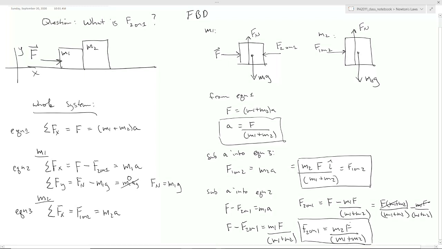F2 on 1, however, although it's the same size, is pointed to the left, i.e. the negative i hat. So these forces are the same size but in opposite directions. And this is what we would expect based on Newton's third law. If one object is pushing on the other, F1 on 2 say, the object will push back on the first with a force that is equal in magnitude but opposite in direction.